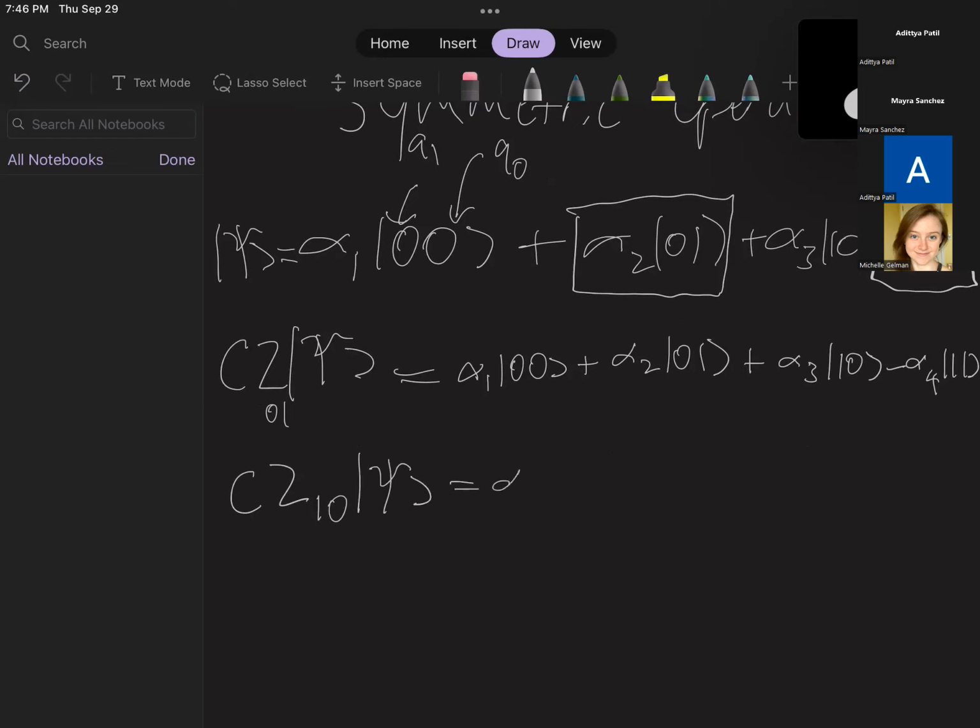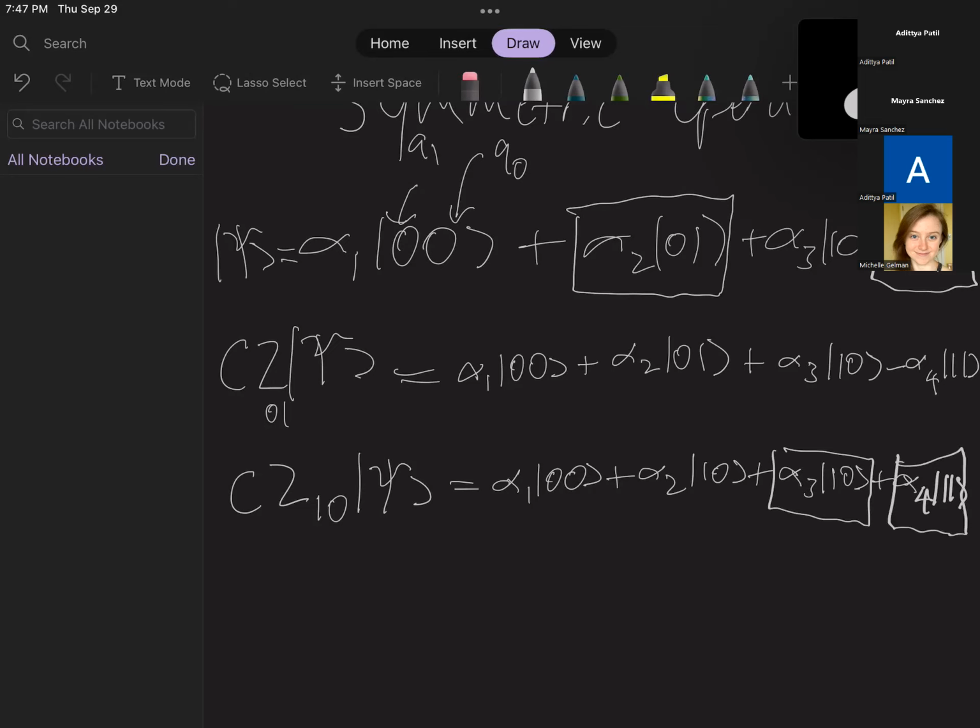Now, if we have CZ of 0, the states that we'll want to look at in this case are this one over here and this one over here, since the control qubit in both of these is 1.